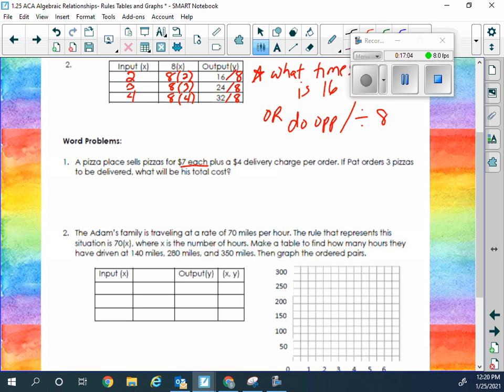Multiplication, that's exactly right, because each pizza is $7. Plus, what does that sound like? Addition. A $4 delivery charge per order. Now, I know we said per earlier, the good multiplication word, but it's per order. So during an order, how many times is that going to happen? Right, it only happens once.